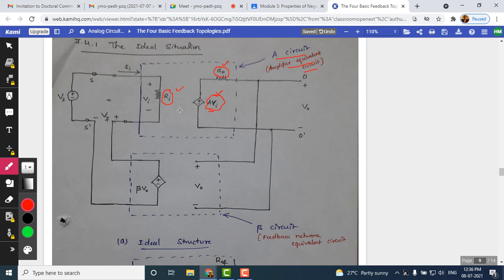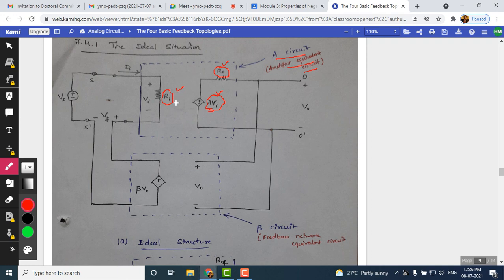Earlier we showed this as a block diagram, and many of these elements were hidden. Now the entire amplifier circuit, whether a common emitter amplifier or a MOSFET common source amplifier, is represented by Ri, AVi and Ro. Though we have seen common emitter and common source amplifiers with different elements, the outcome of such a circuit can be shown with its equivalent circuit like this.